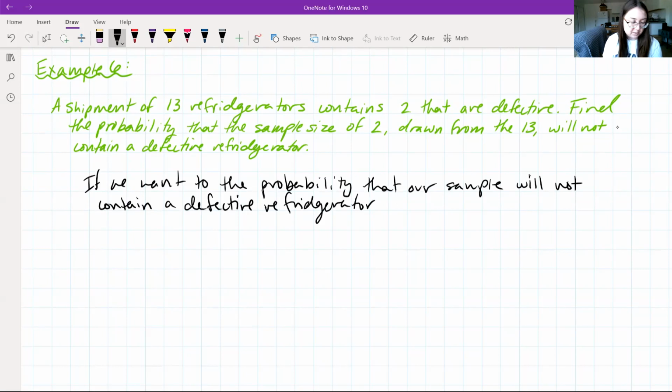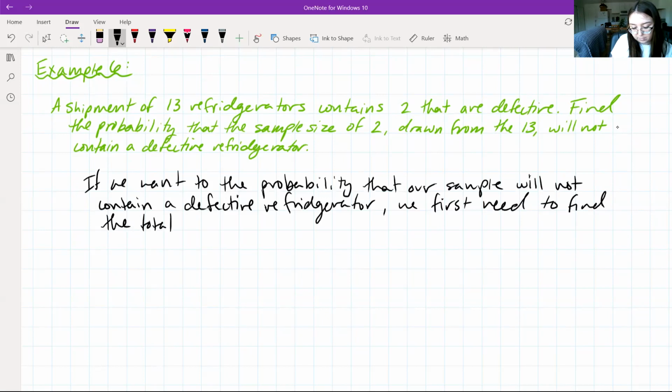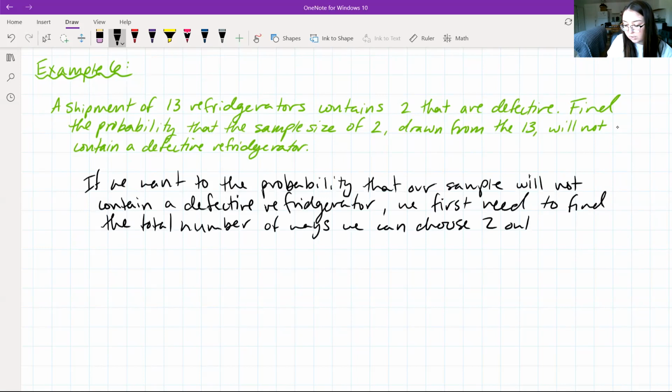Honestly, I don't know if that's how you spell refrigerator. We first need to find the total number of ways we can choose 2 out of 13. So this will be all the different ways that we can pick a sample of 2 out of 13.